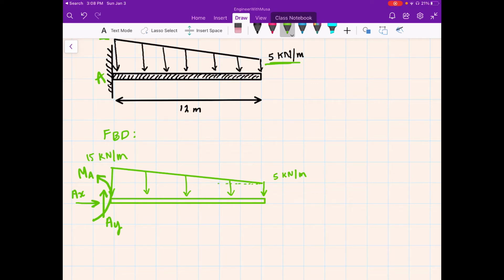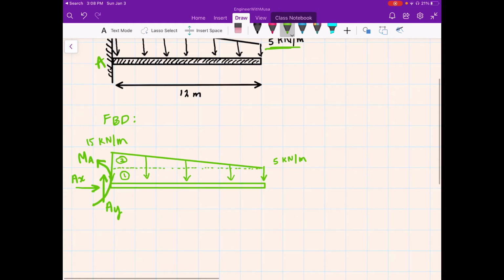So we have this rectangular shape down here, and this is one of the distributed loads, and then the other one is up here.